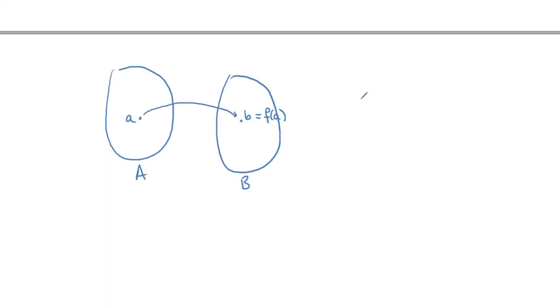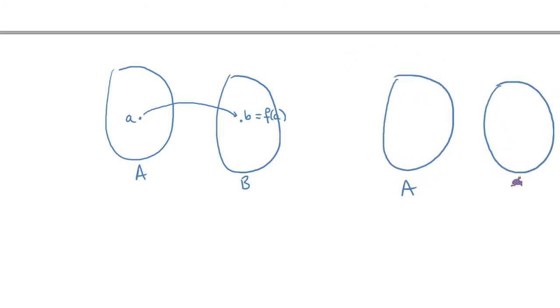So comparing it to this picture, if I just draw it again, here's A and here's B. You're going to have some set S that lives in here. So here's your S, that's a subset. And everything in here is going to get mapped somewhere. So I could have this get mapped here, I could have this get mapped maybe to that same element, and then here.